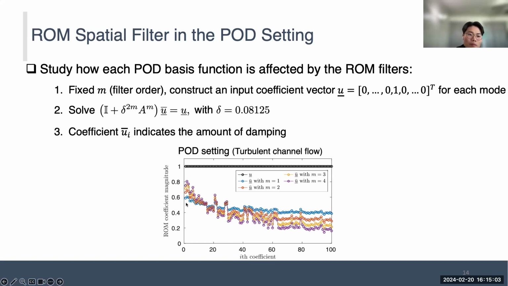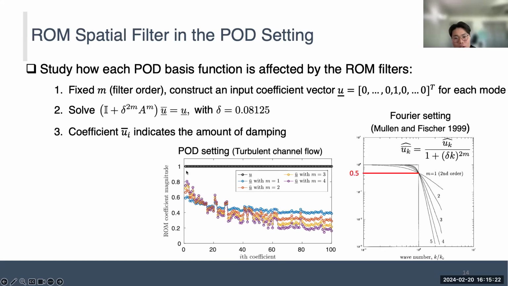So the blue are the filter coefficients with m equals 1, and the purple are the filter coefficients with m equals 4, and the black is just the input coefficient, which is all 1.